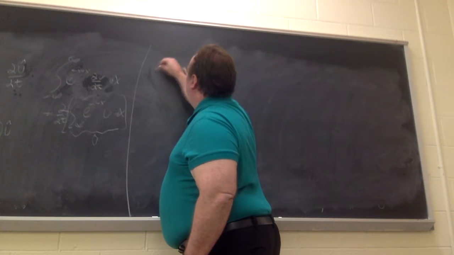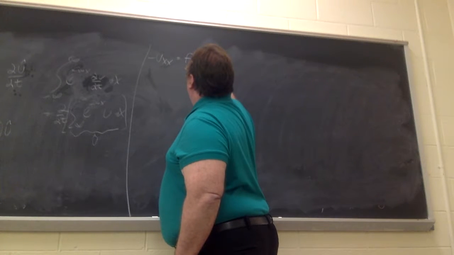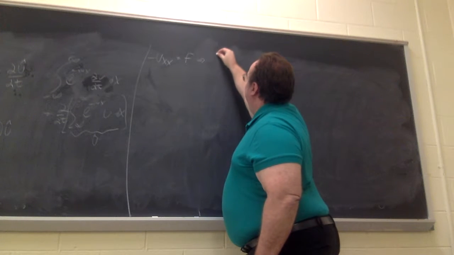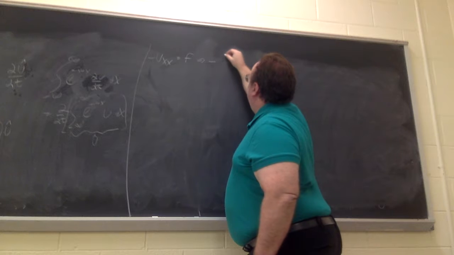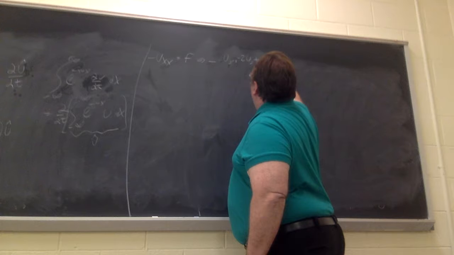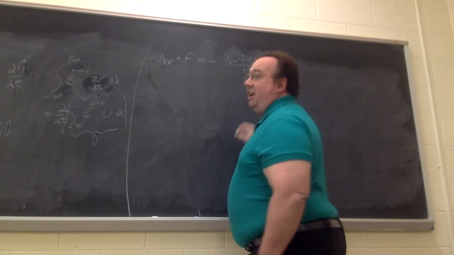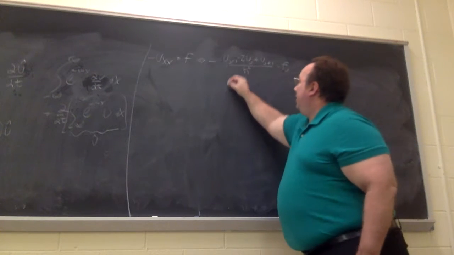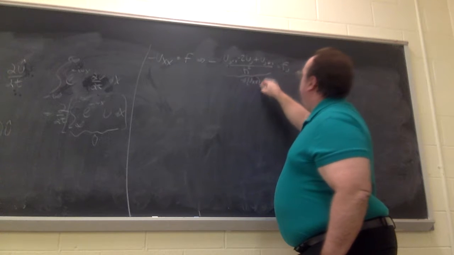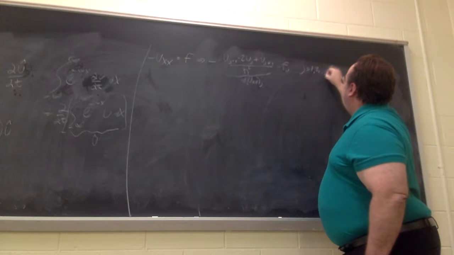All right. So minus u_xx equals f. Discretized, it becomes minus (u_{j-1} minus 2u_j plus u_{j+1}) over h squared equals f_j, because that is approximately u_xx at x_j, for j equals 1 up to n.